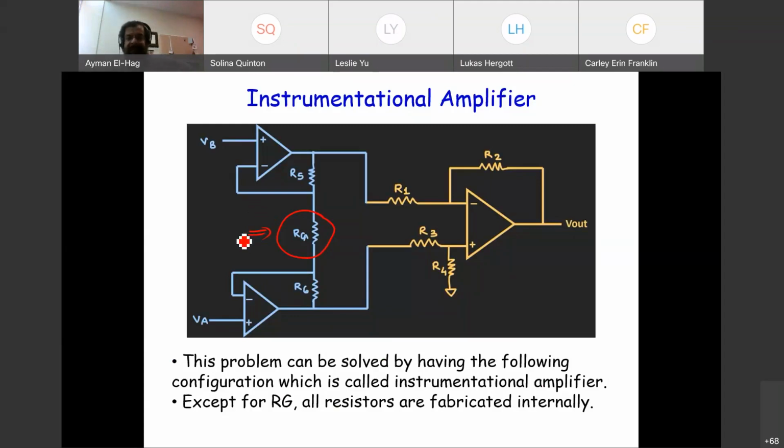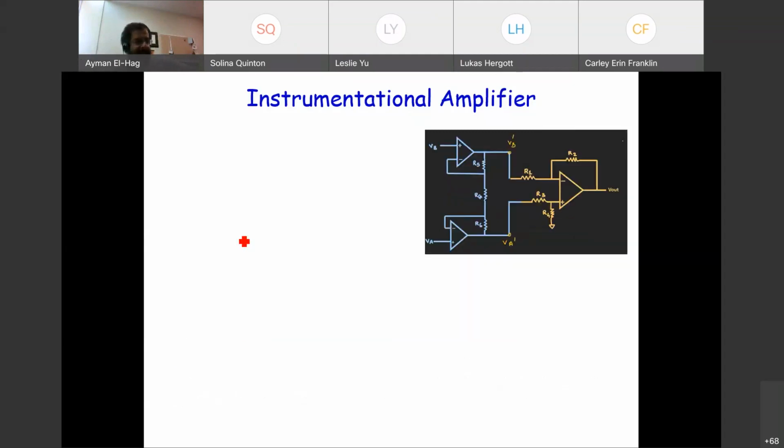So let's analyze this circuit. Let's understand it with our understanding of the op amp. Forget about the blue circuit. Let's just look at the circuit from here to the right. Forget about what is on the left. So this is a differential amplifier. And we know that for this differential amplifier, R2 over R1 is equal to R4 over R3.